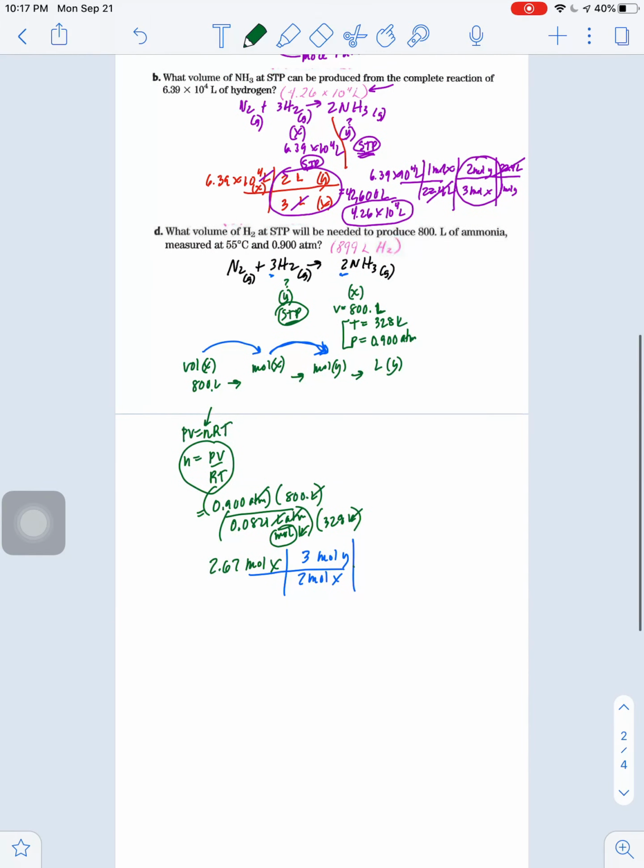So 1 mole of Y would take up 22.4 liters because we're at STP. Okay, so I'll solve this. 2.67 times 3 times 22.4 divided by 2 is equal to 89.7.